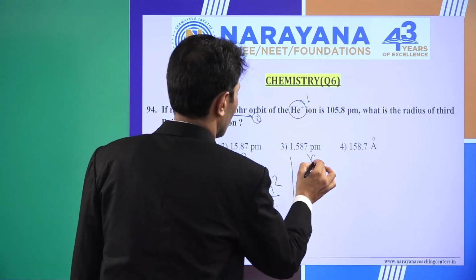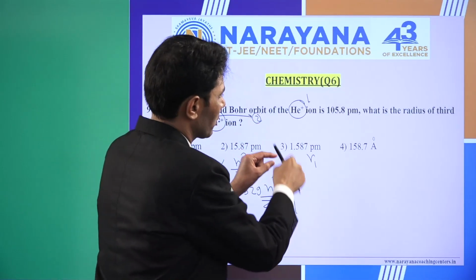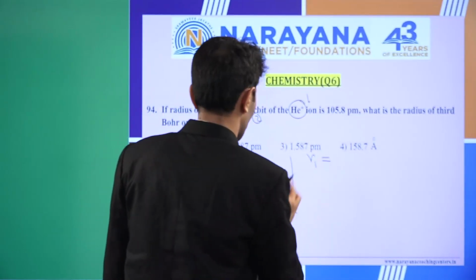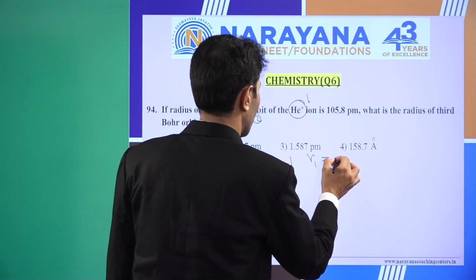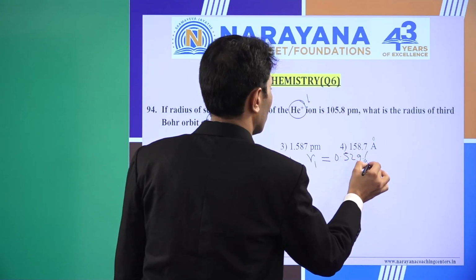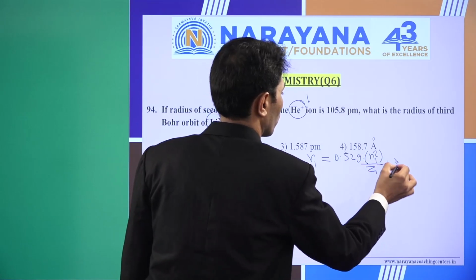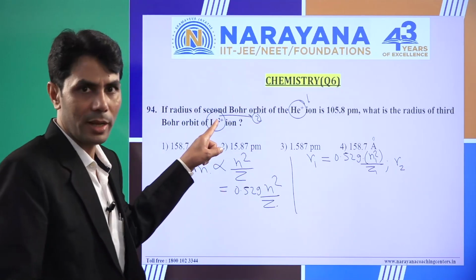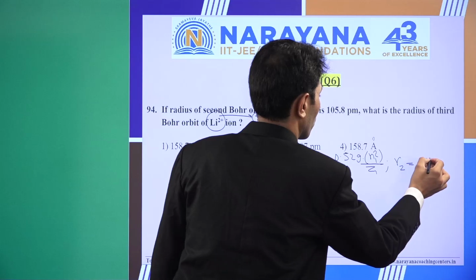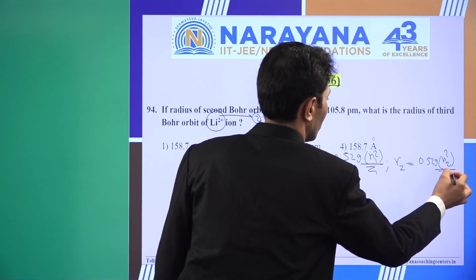So what will be R1? R1 does not mean the first Bohr's orbit. I am saying it is the expression for the helium ion. Be very clear because there is limited space. So R1 is 0.529 n1 square divided by Z1, and R2, the expression for Li plus 2, is 0.529 n2 square divided by Z2.